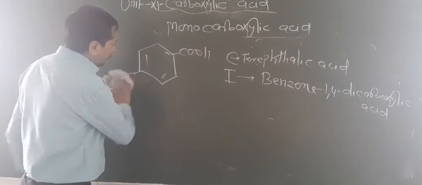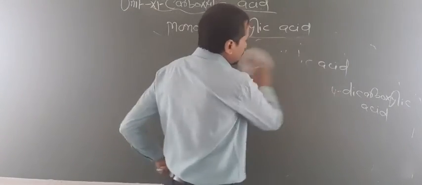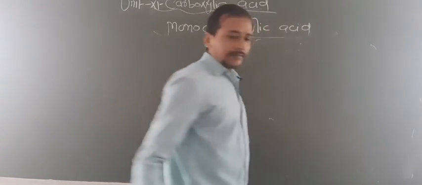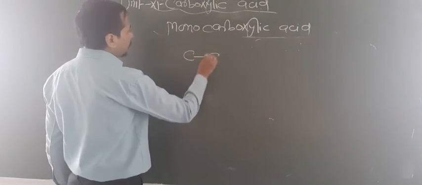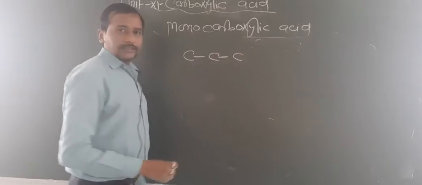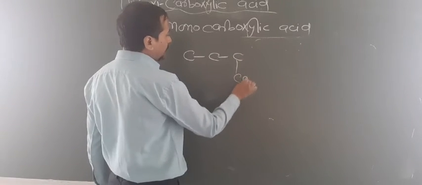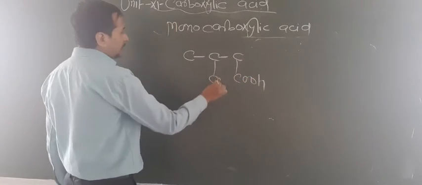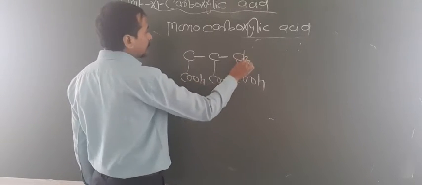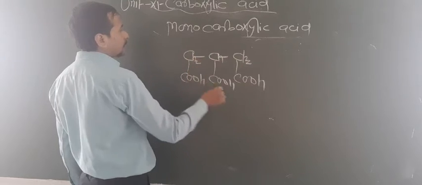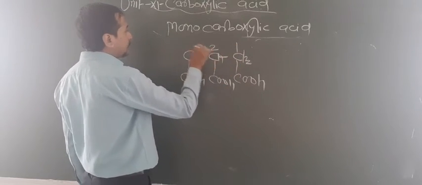One more change you have to know: when the acid group is present more than 2 times, according to 1993 conventions, the name of this compound is given like this: CH2, CH and CH2. Numbering starts from here, 1, 2, 3.